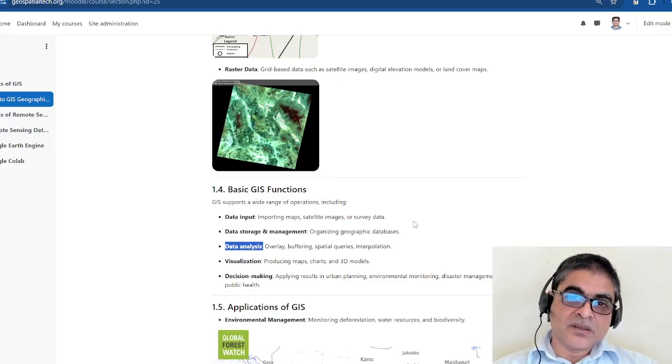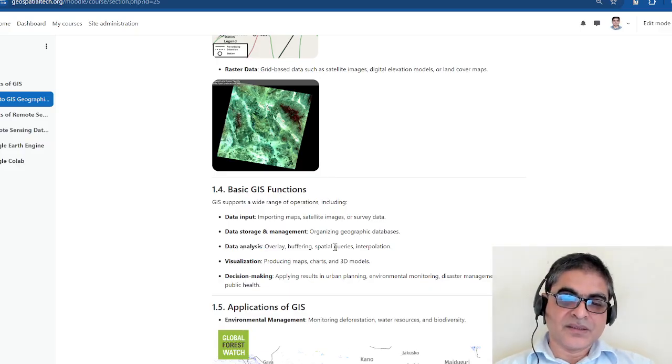So similarly, there are many analyses which you can do in GIS. And then after doing analysis, we need to visualize. We can export it in the form of a map or a chart or 3D models. So this is data visualization.